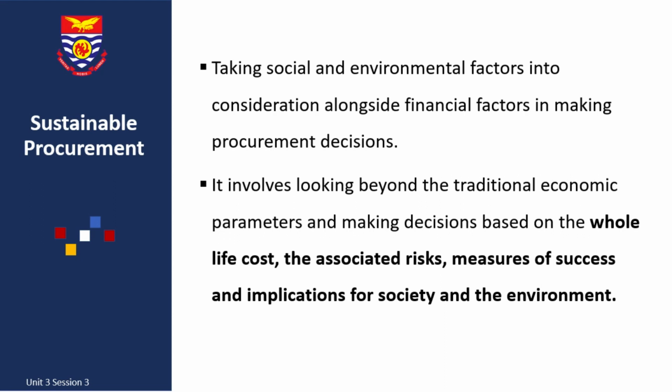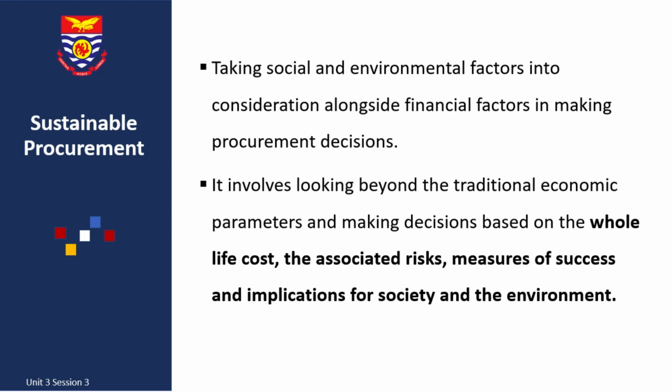To begin with, what is sustainable procurement? Sustainable procurement basically refers to conducting of public procurement activities while considering the impact of such activities on the triple bottom line, that is the environment, society, and the economy. So procurement has to be undertaken by considering social aspects.